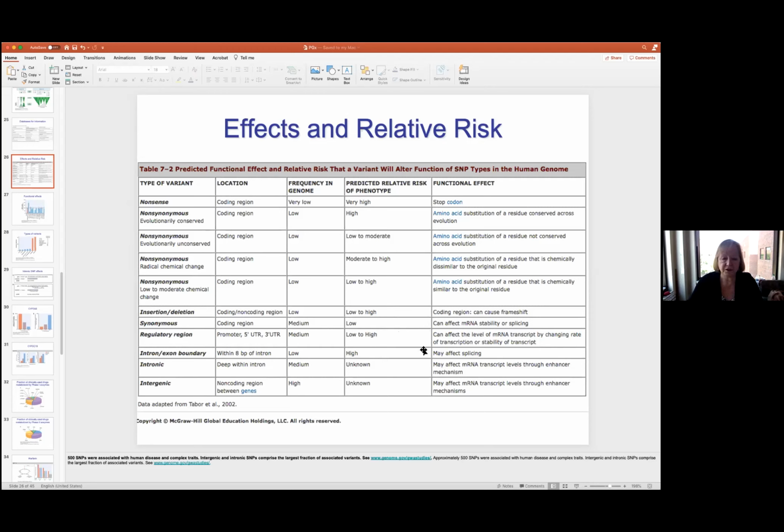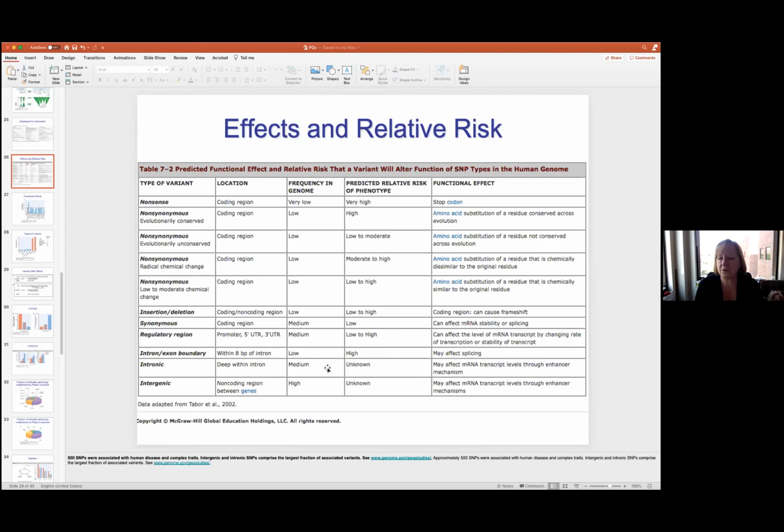Regulatory regions we talked about, and again, intron-exon boundaries, pretty much affecting splicing pretty efficiently. Intronic and intergenic are unknown. It could be high, it could be low. We don't know.